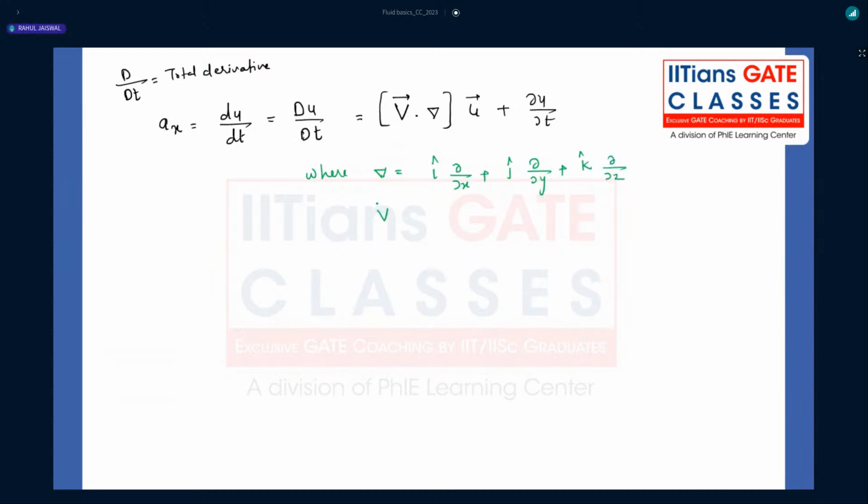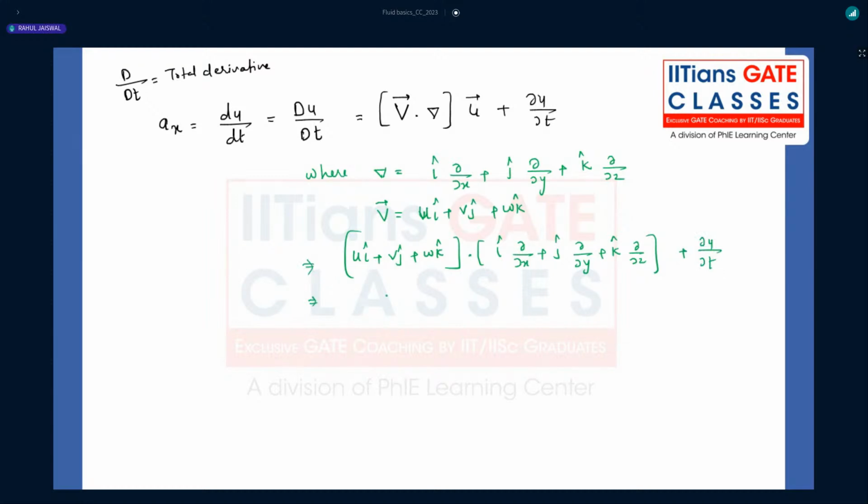Now if you just multiply, what is the velocity? u i plus v j plus ω k cap. If you do the dot product, what will you get? (u i plus v j plus ω k) into (i ∂/∂x plus j ∂/∂y plus k cap ∂/∂z) plus ∂u/∂t.